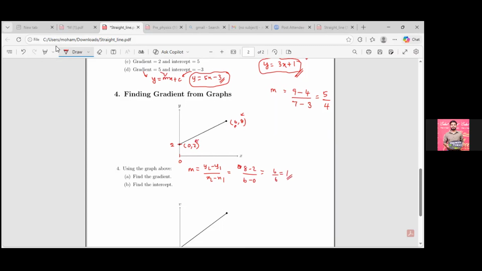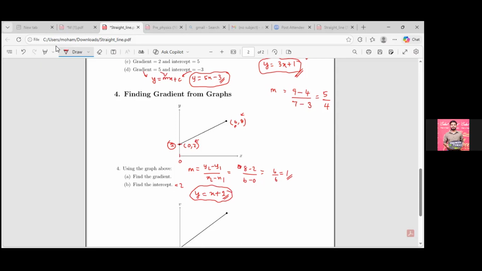The gradient is 1. And the intercept could be directly found. Intercept is 2 because it intersects the y-axis at 2. So the equation of the straight line can be written as y equals mx plus c. m is 1, so it's y equals 1 into x plus c is 2. So y equals x plus 2 is the relationship of the straight line.